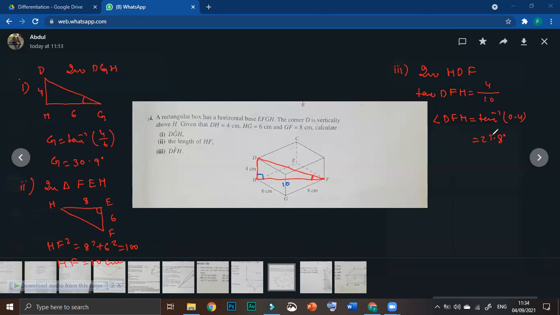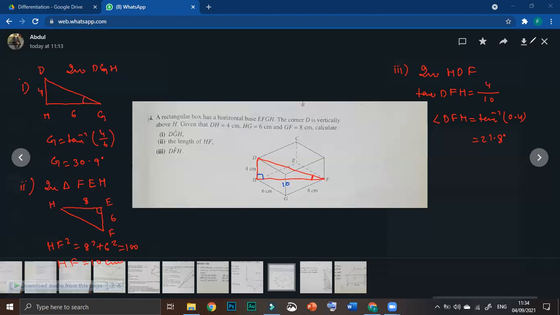So what is the basic rule in this application of trigonometry in 3 dimensions? To see if the triangle has a 90 degree in actual, and whether it is drawn properly or not.